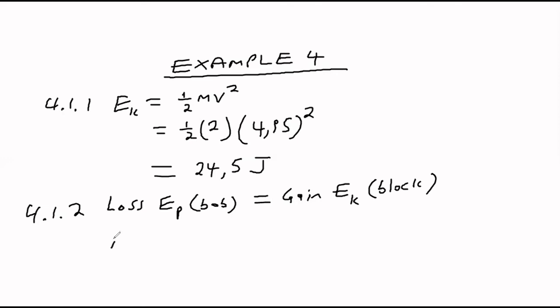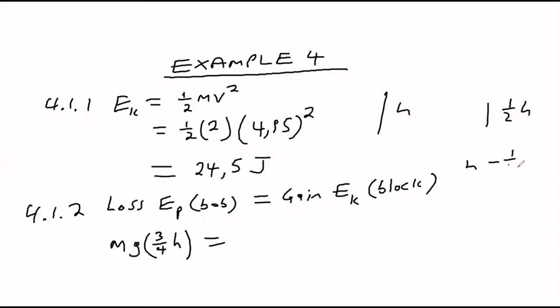So the potential energy which is lost will be mg times the height difference. Initially the height was h, and finally it is 1/4 h. So if we say h minus 1/4 h, we get 3/4 of the height.